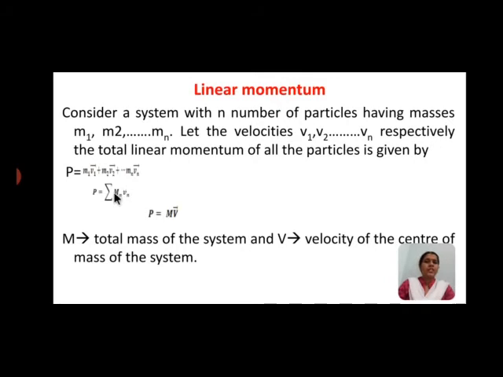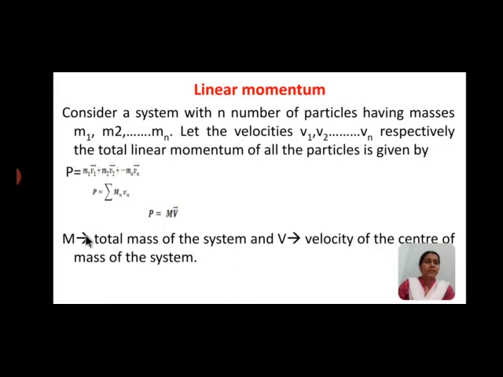So this we can write as a summation of mn into vn, or else p is equal to capital M into capital V, where capital M is the total mass of the system.